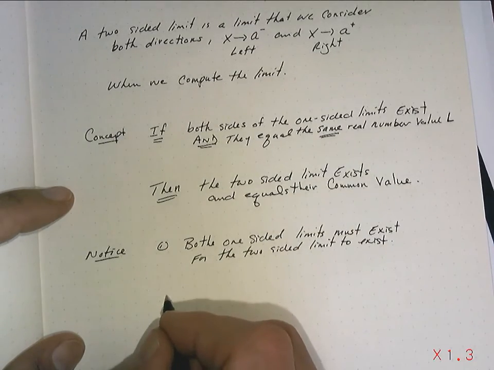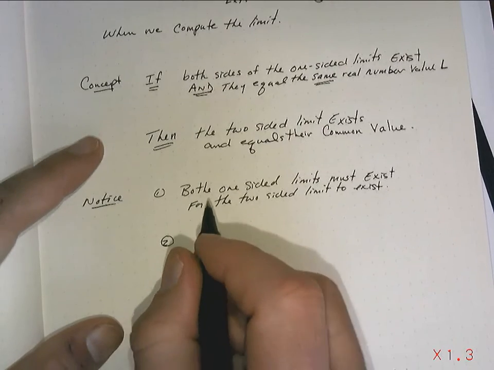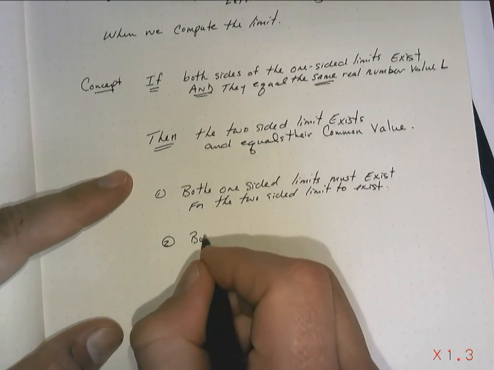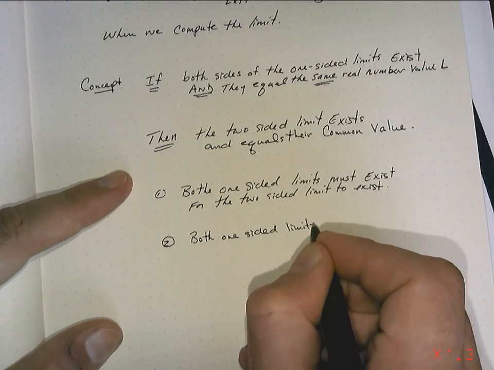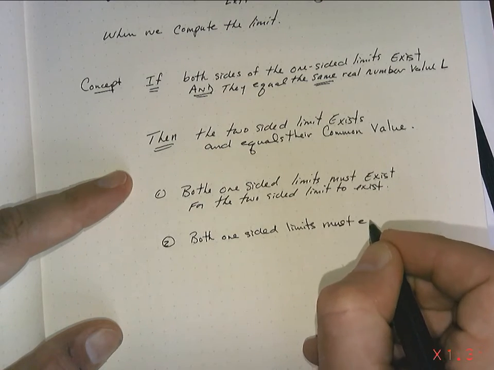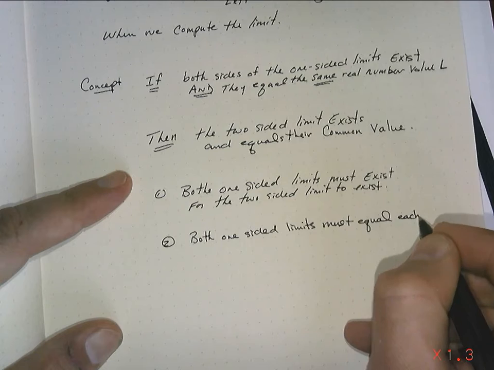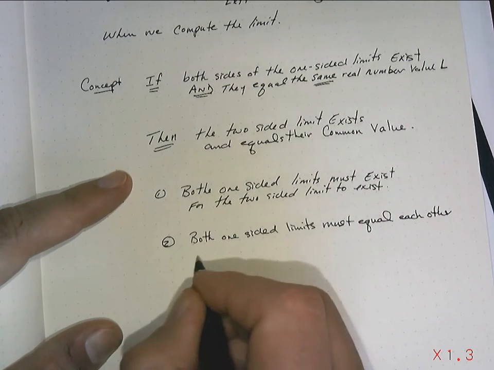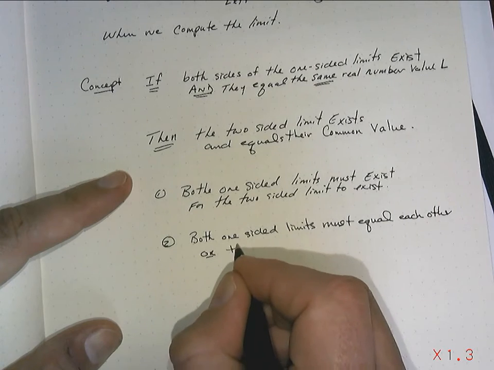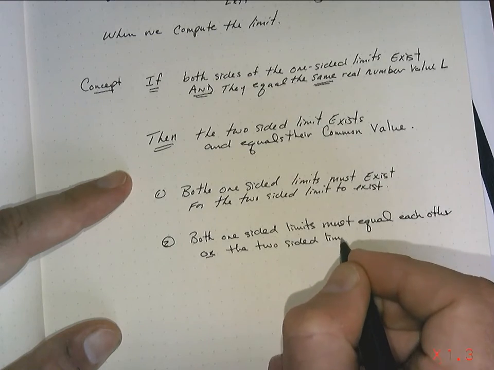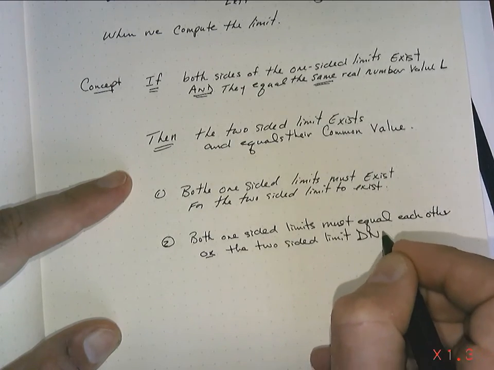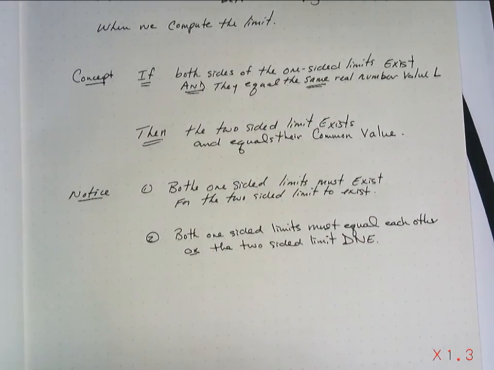Number two, both one-sided limits must equal each other, or the two-sided limit does not exist. Another way to say this is I could have said both one-sided limits must equal each other or the limit doesn't exist as well. So both have to be true.